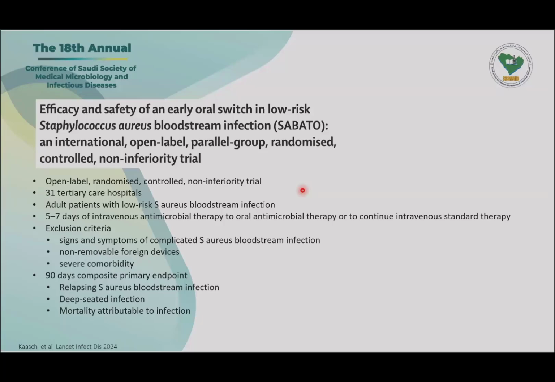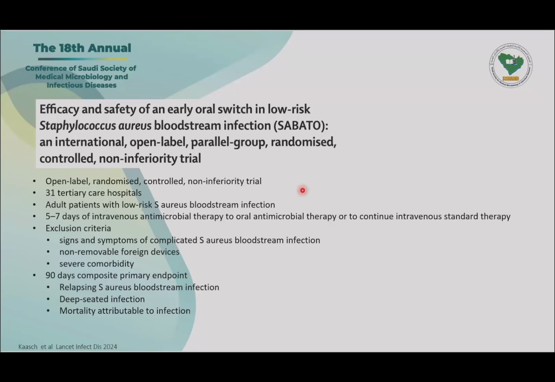They randomized patients to 7 days of IV therapy and then switch to oral antimicrobial therapy versus continuation of standard IV therapy. And again, look at the exclusion criteria. It's very important to look at this patient population.